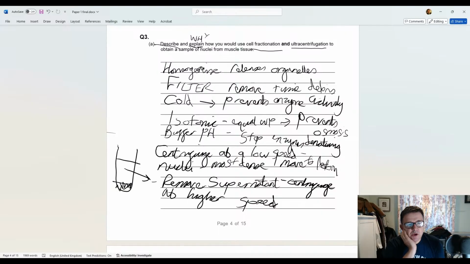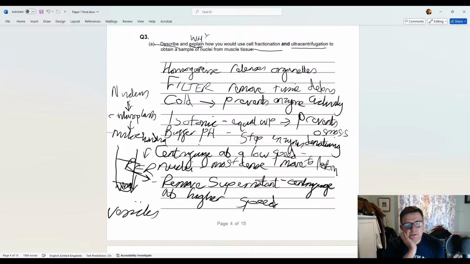I think it's nucleus and then other large things, depending if it's plant cells, chloroplasts, mitochondria, and then you're getting into smaller stuff like RER, might be Golgi, but then getting smaller and smaller to things like vesicles. Okay, right. Good. I hope you can see that. All right, so that's cell fractionation, ultracentrifugation.